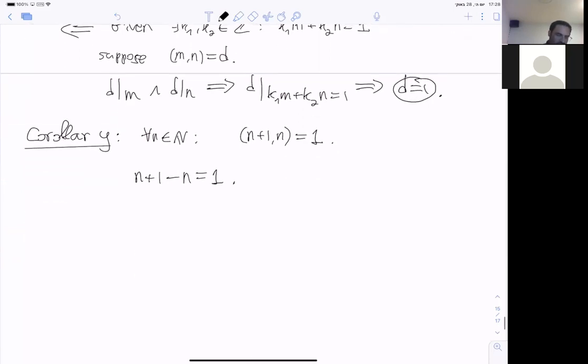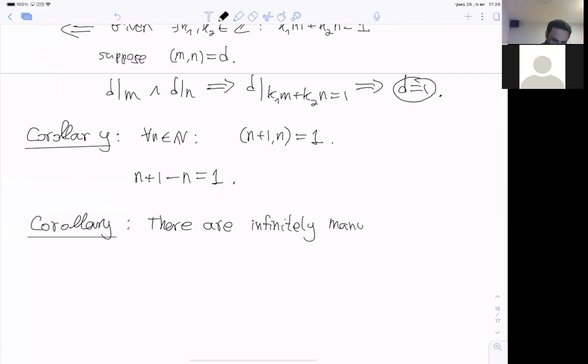Okay. So another corollary, which is more important: there are infinitely many primes. How do I derive this from here? Assume that you have finitely many primes.